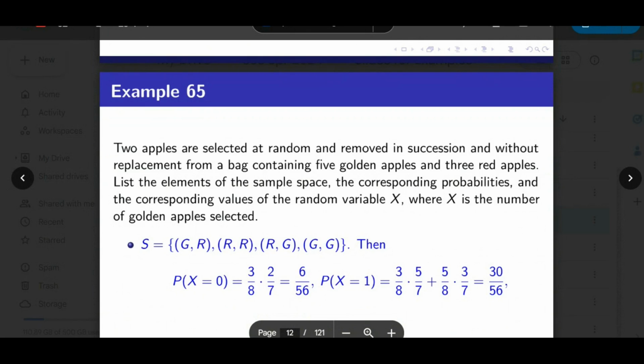Now, notice this is not first is golden, first is red, second is also red. It's not PR1 times PR2. It's PR1 times PR2 given R1.